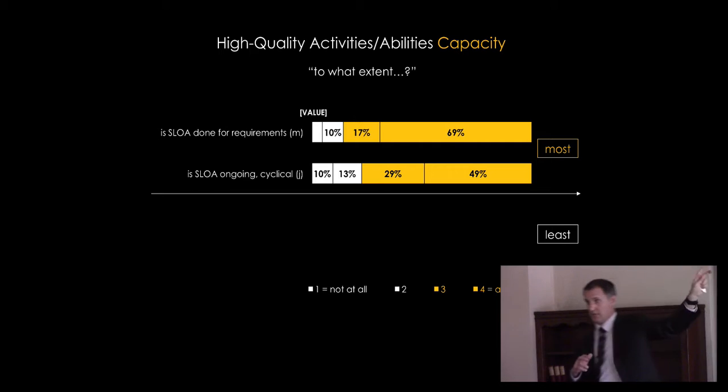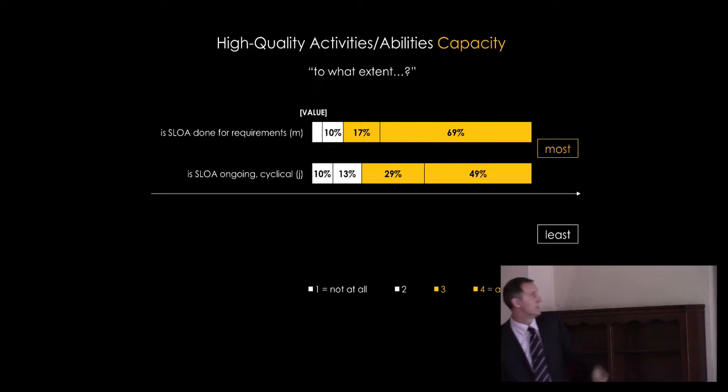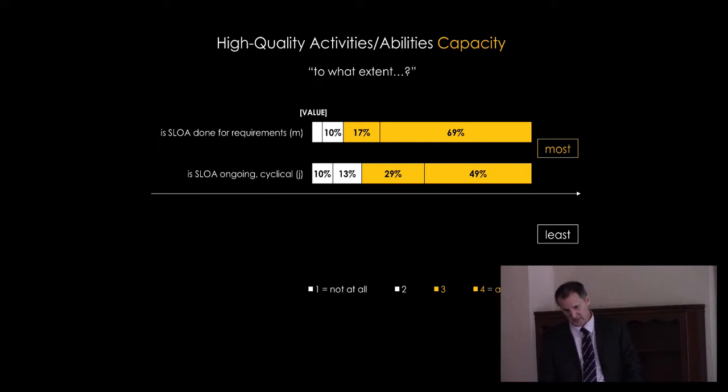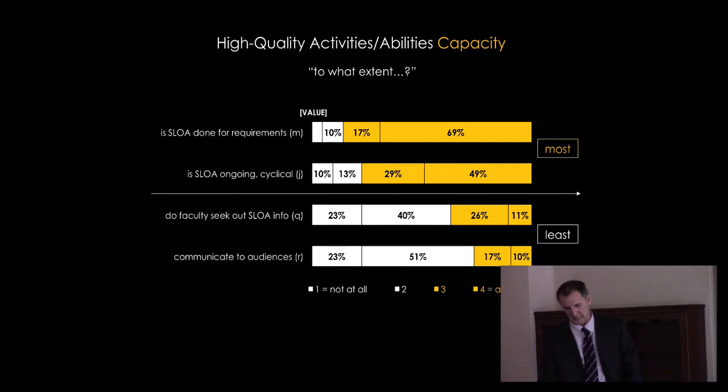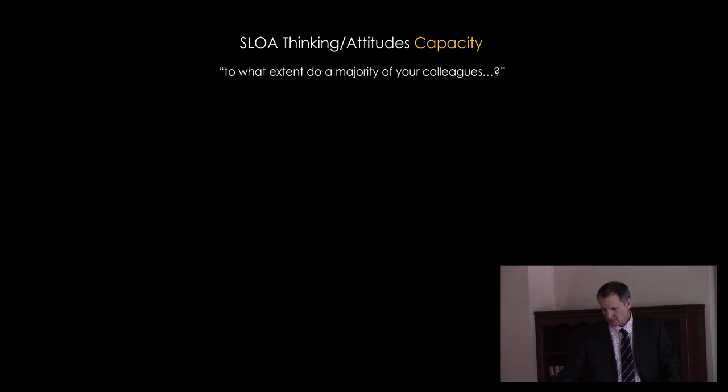So that's not a good sign, the gold there. This is a little bit of an exception. Is assessment ongoing or cyclical? Yes. Do faculty seek out extra student learning outcomes assessment information and research? Not so much. Is assessment communicated to outside audiences? Not so much. All right.